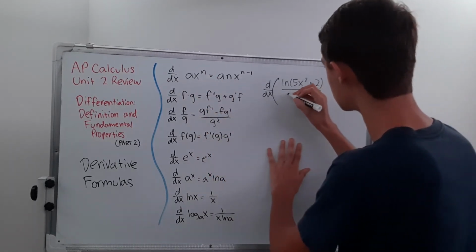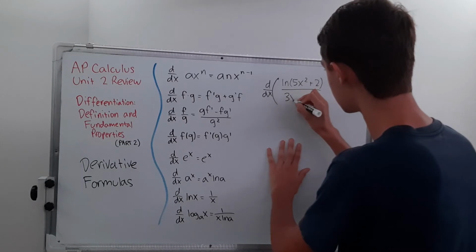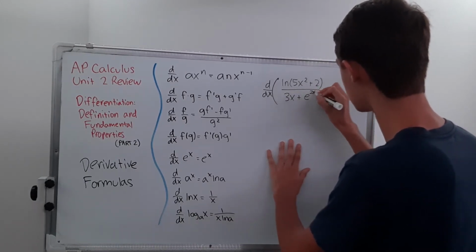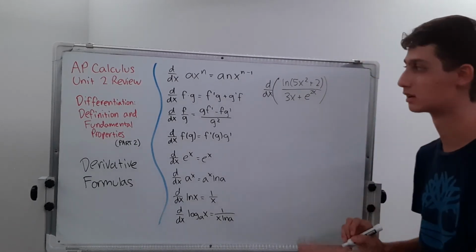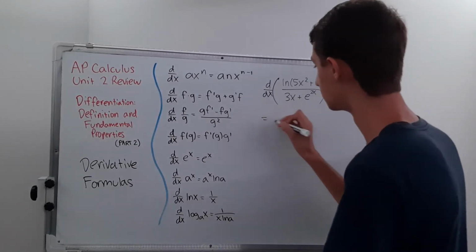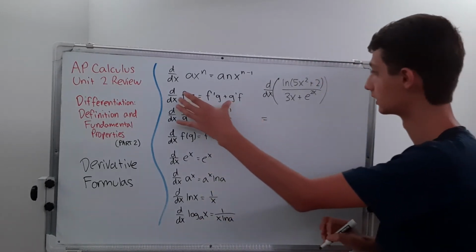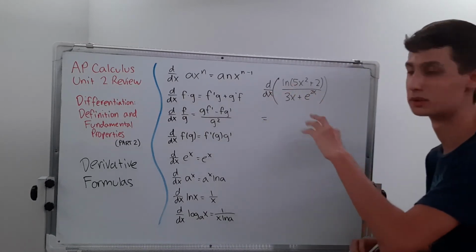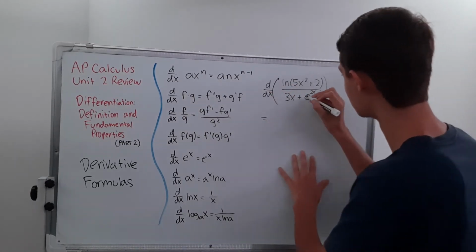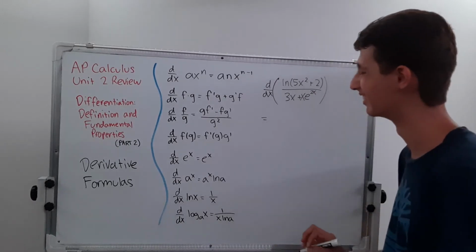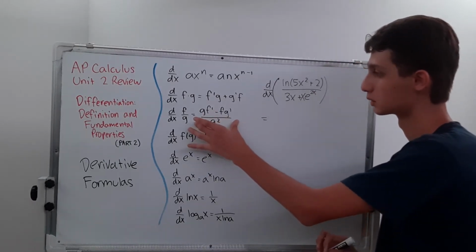Actually, let's do e to the x here, e to the 2x, just to spice it up a little bit. So we're going to take the derivative of this whole thing. I don't want to use the quotient and the chain rule. Actually, yeah, we can. We can say x e to the 2x. I'm sorry, but hey, you know. So we're going to use the quotient rule here.